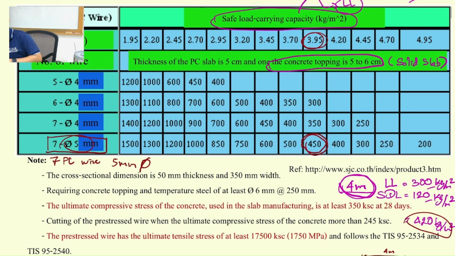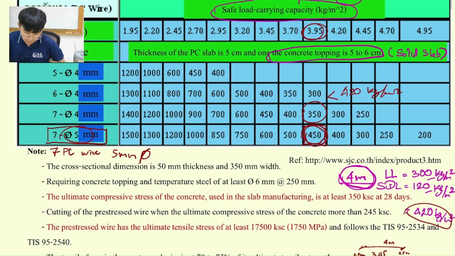So please choose the correct one. If you choose it wrong, for example if I choose 350, it's going to be less than 420, so it's going to produce a lot of cracks when you construct it.